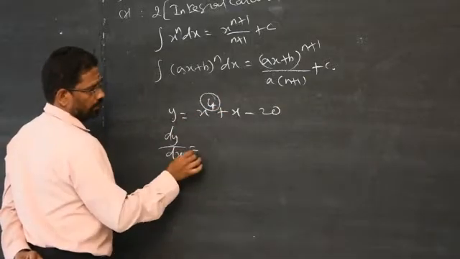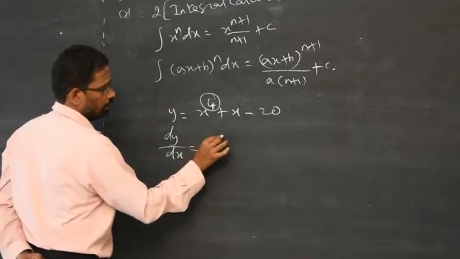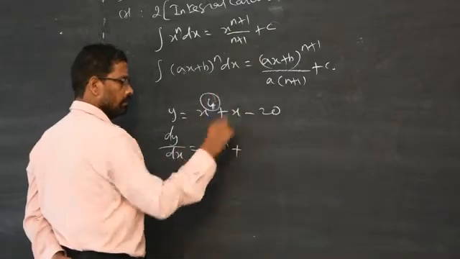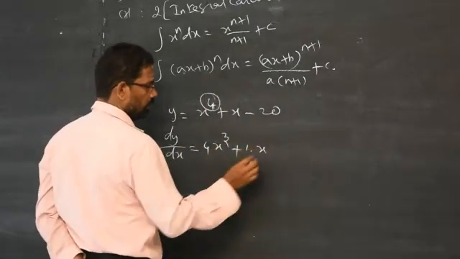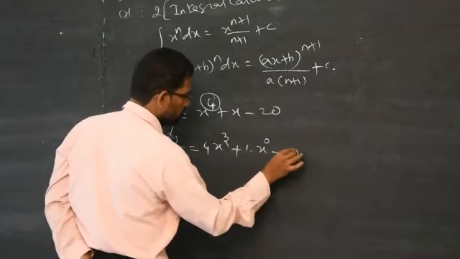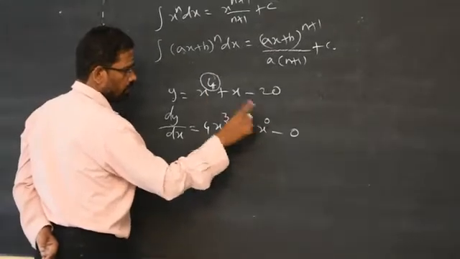In derivatives, you bring the power as a multiplier and reduce 1 in the power. What is the power of x? 1. So 1 into x power 1 minus 1, that is 0. There is no x variable, therefore this will become 0. The derivative is 4x cube plus 1, since anything power 0 is always 1.